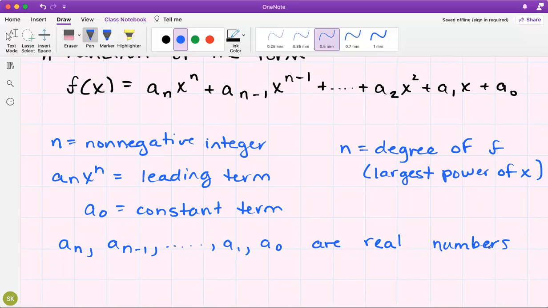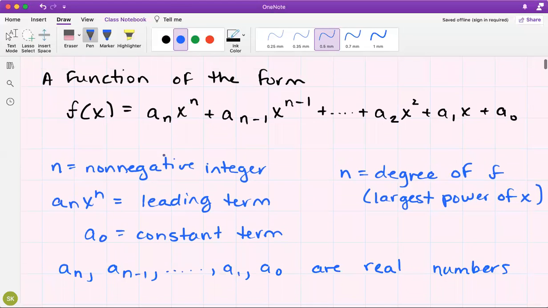We don't really have any restrictions other than they can't have imaginary numbers in them. So they can be any real number. n has to be a non-negative integer, so 0, 1, 2, 3, 4, 5, anything like that. Again, we call a sub 0 the constant term, and the part with the largest value of n is called the leading term, and we also call n the degree of f.